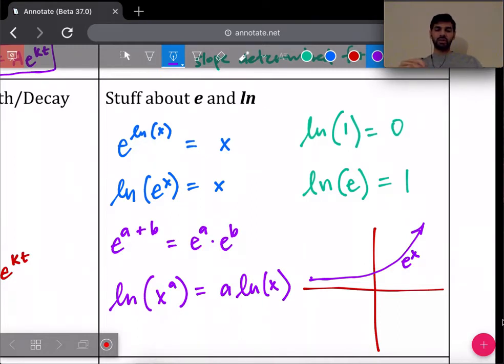And natural log is the inverse, so you just reflect that down there, like that. So there's e and natural log. And this coordinate right here is 0, 1. This coordinate down here is 1, 0. Okay, just so you know where exactly that's intersecting the x and the y-axis.